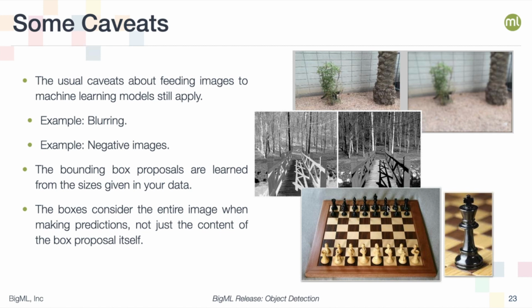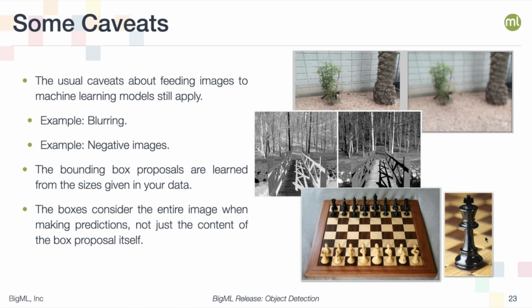Another one of these strange cases, specific to bounding box detection, is in our chess piece case, where, as I said before, all of the bounding boxes that you see in training in the chess piece case are very small because the chess pieces are all very small relative to the size of the board. And so if you feed it an image like the one we have in the bottom right here, this king that's very large with respect to the rest of the image, very large with respect to the board in the background, the algorithm will again completely fail to detect this king. Why is that?